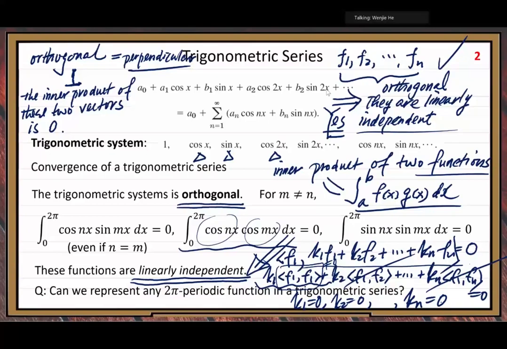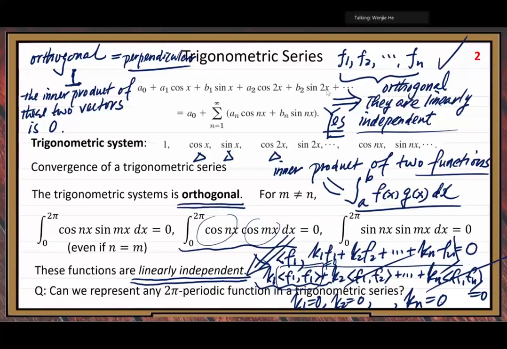But this way, with the inner product, there is no derivative, because we calculate an integral, right? For continuous functions, we can always calculate the integral. So it's much better than the Wronskian, right? The Wronskian has a big limitation, because your functions may not be differentiable.